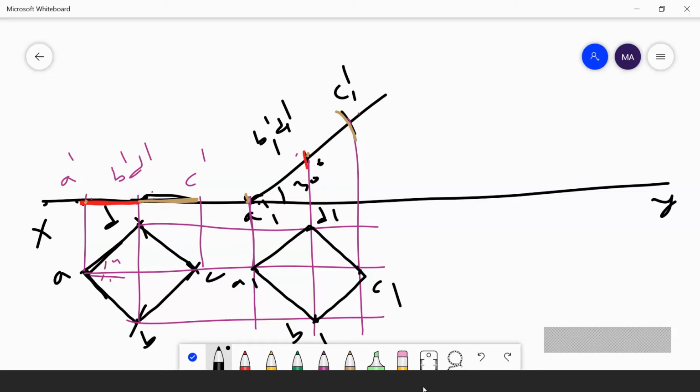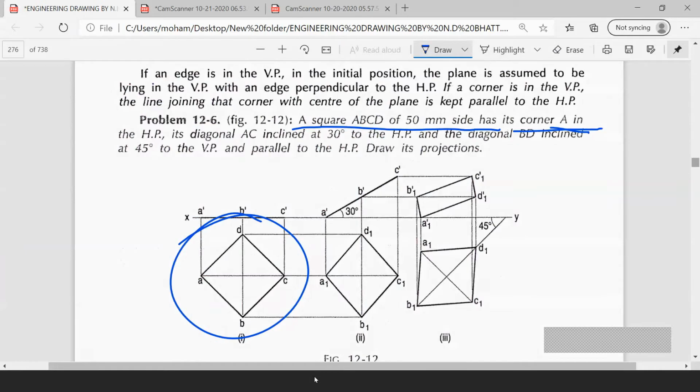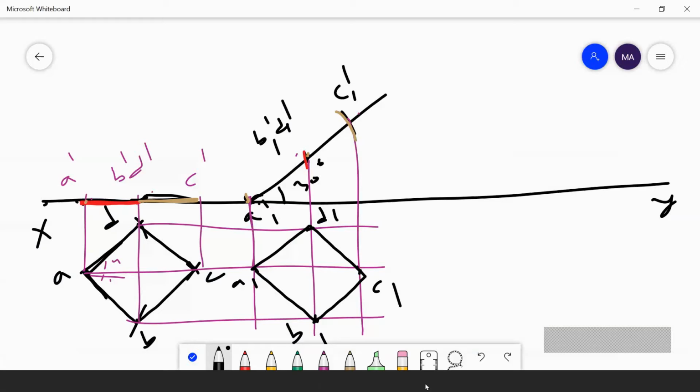Yes, sir. Okay, the next inclination he has given. He is saying that the diagonal BD is inclined at 45 degrees to VP, which means we will draw the inclination in HP. So I am drawing an inclination of 45 degrees in HP.